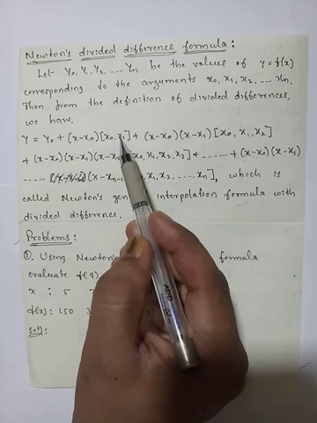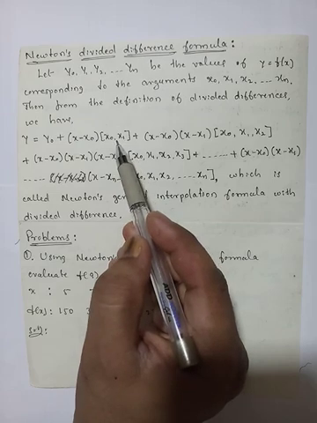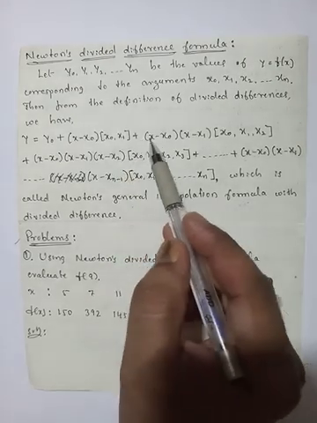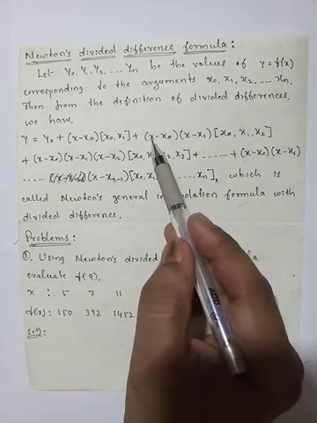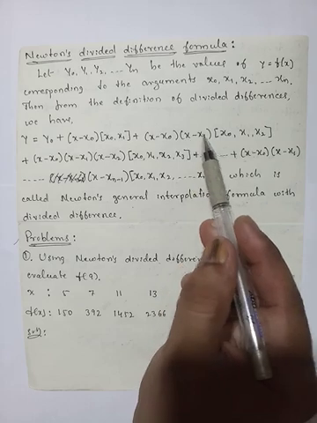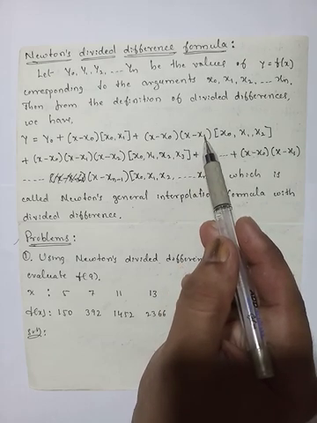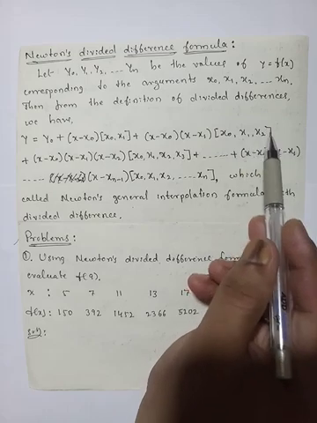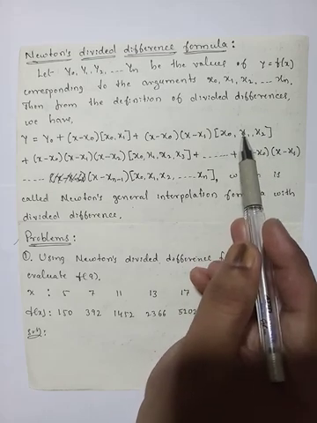This value we obtain from the table. First we need to form the table, and from the table we take this value. Then plus (x minus x0) into (x minus x1), taking the next value of x, that is x1, and this is called the second divided difference. This value we obtain from the table.